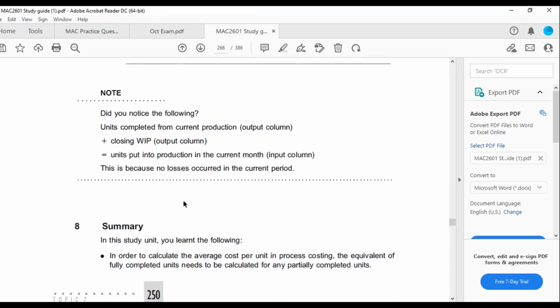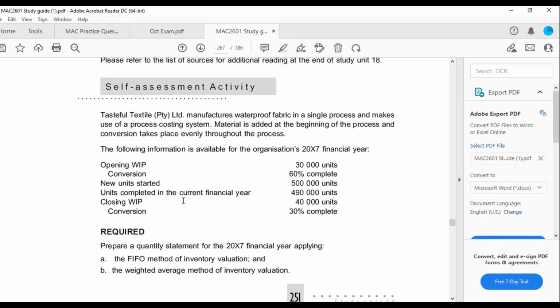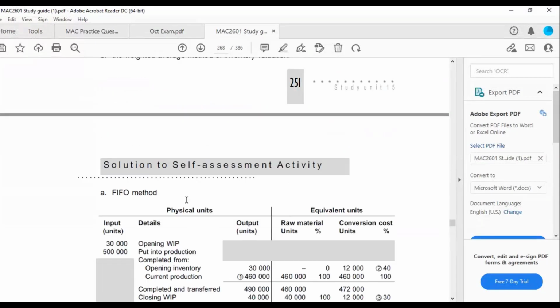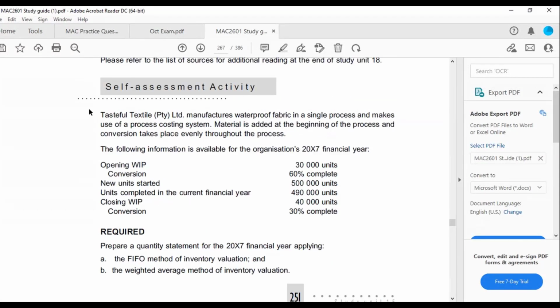Let's do a question. Here it is. Tasteful Textile Pty Limited manufactures waterproof fabric in a single process and makes use of process costing. Material is added at the beginning and conversion takes place evenly.